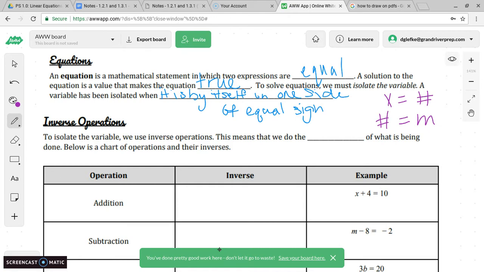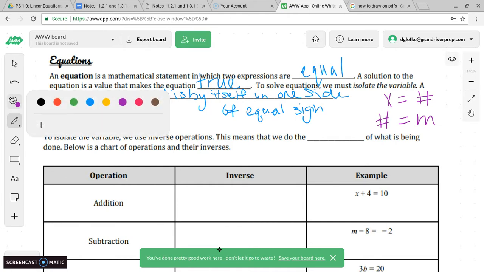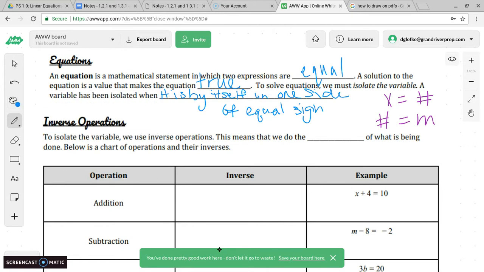To isolate a variable, we have to use inverse operations. Whenever we're using inverse operations, we are actually doing the opposite of what is being done. Like the inverse of going up is going down, and so forth.